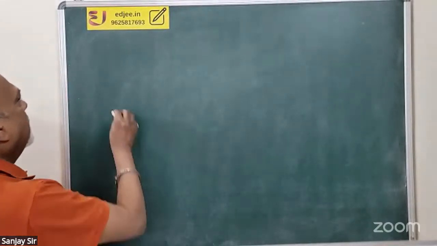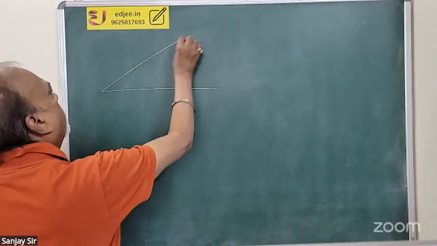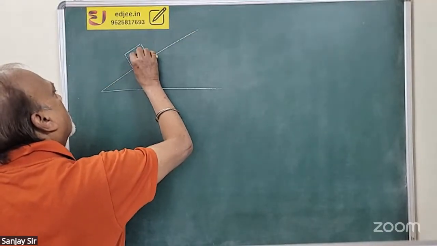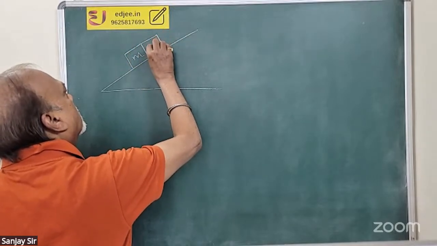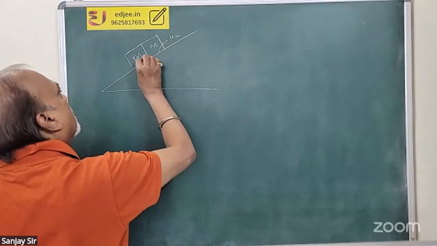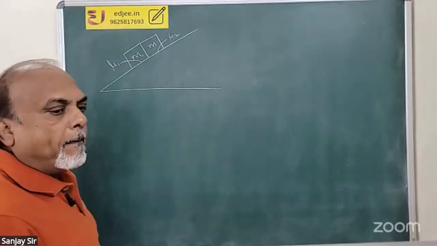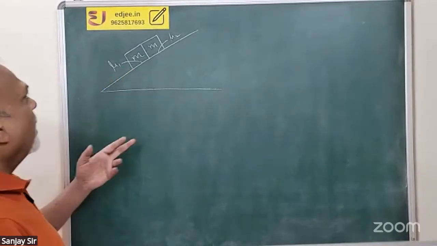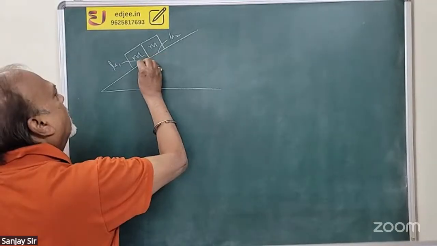Now let us see if your blocks are like this, two blocks are there, another block is there.